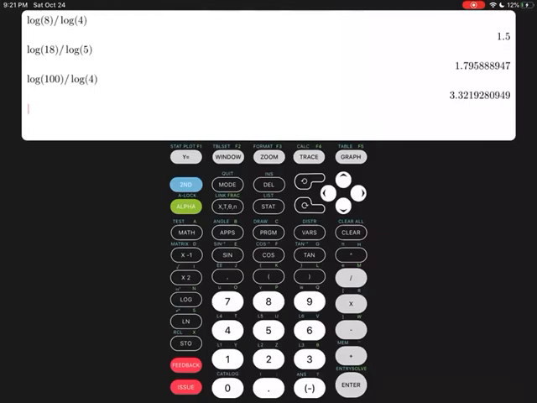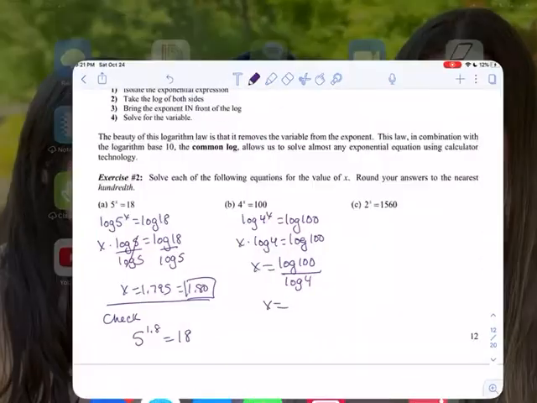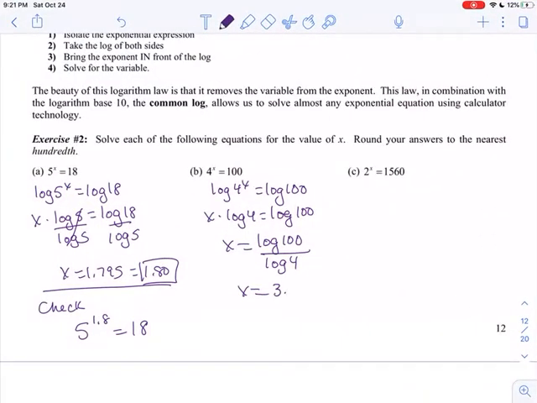Log of 100 divided by log of 4, and I get 3.32. This says to round my answers to the nearest hundredth, so 3.32.